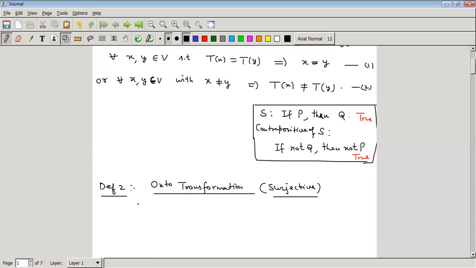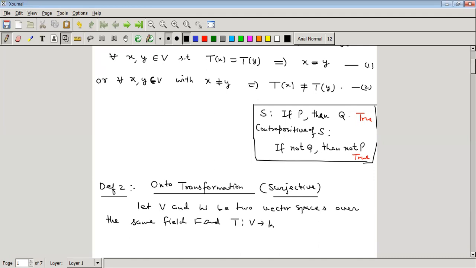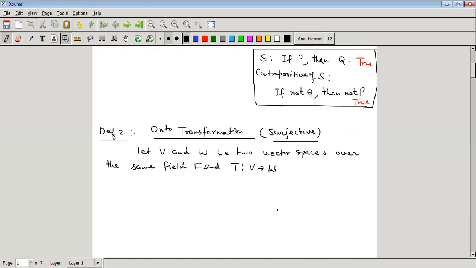So let V and W be two vector spaces over the same field capital F, and T is a mapping from V to W, be a linear transformation.